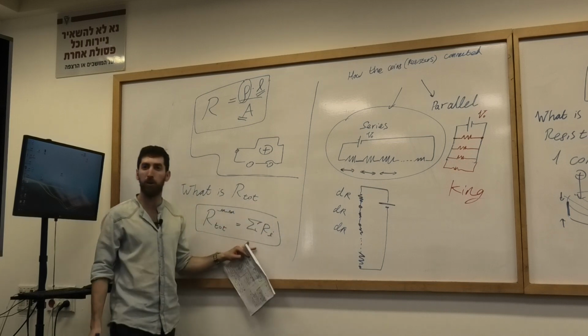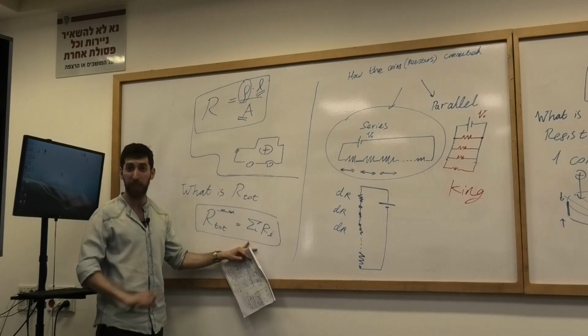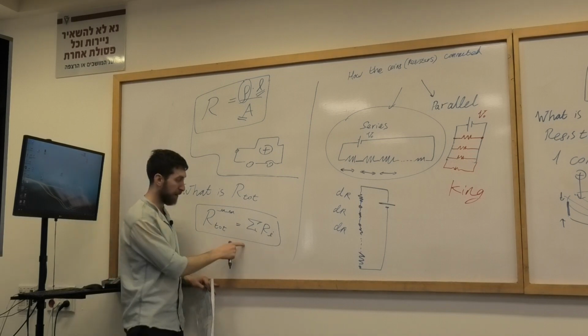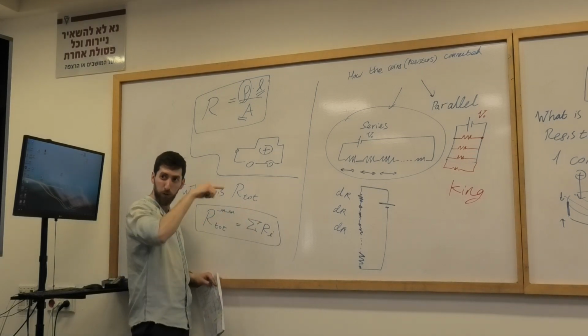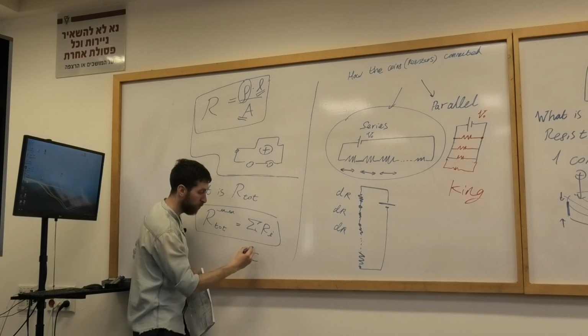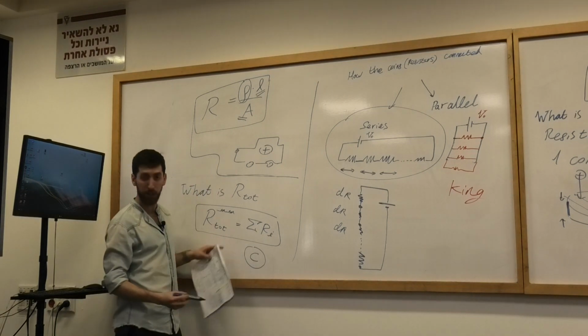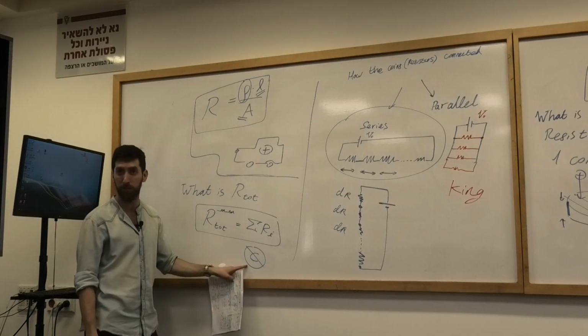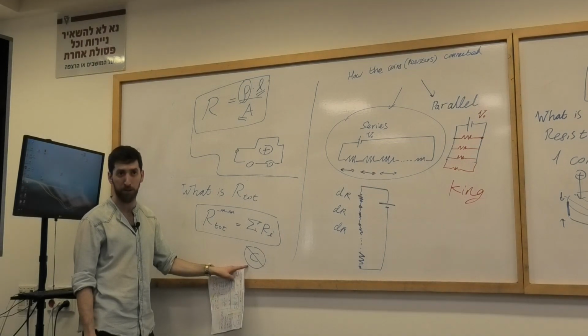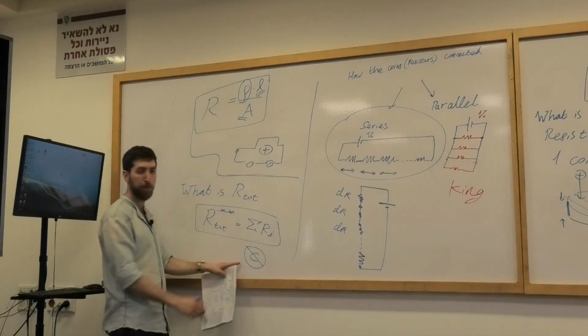What did we have in capacitors? It was another one, right? In capacitors it was the opposite, to the power of minus one. So if you want to connect capacitors versus resistors, just remember they are the opposite. A good way to remember it. Clear? The opposite from capacitors.